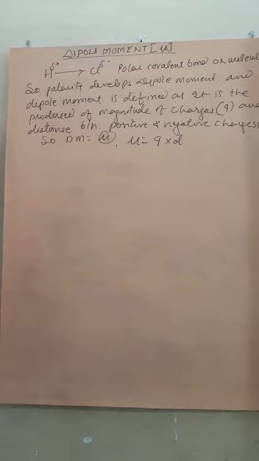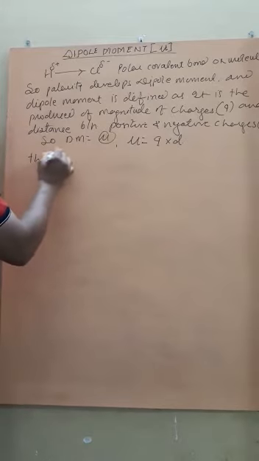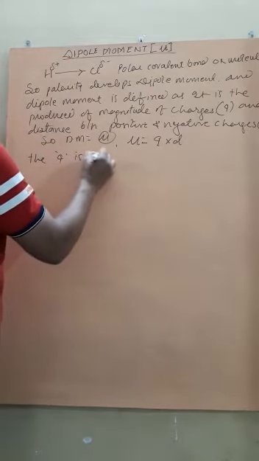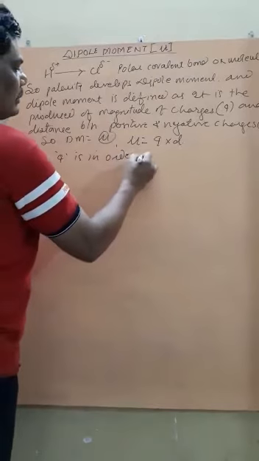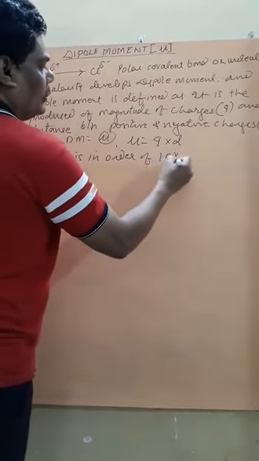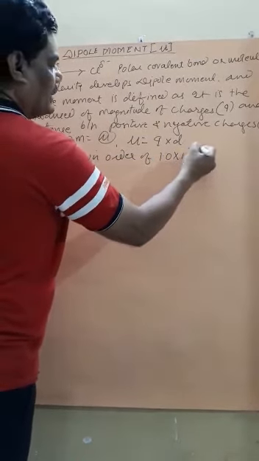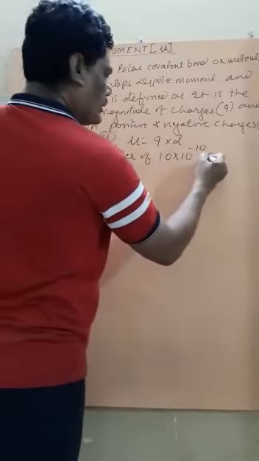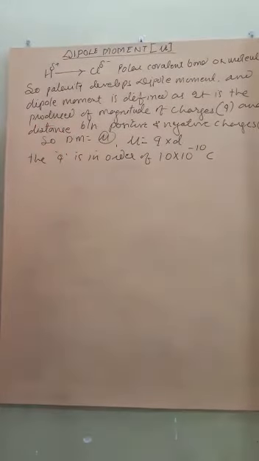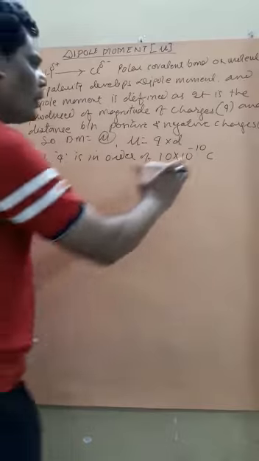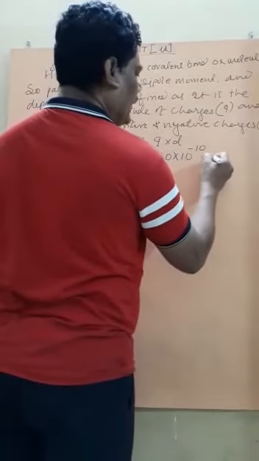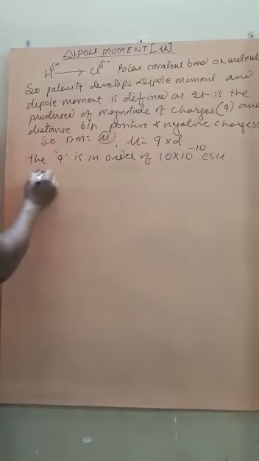Students, there are some constant values. Here Q is of the order of 1.0 into 10 to the power minus 10, and this is given in the unit of coulomb, or we can call it ESU.